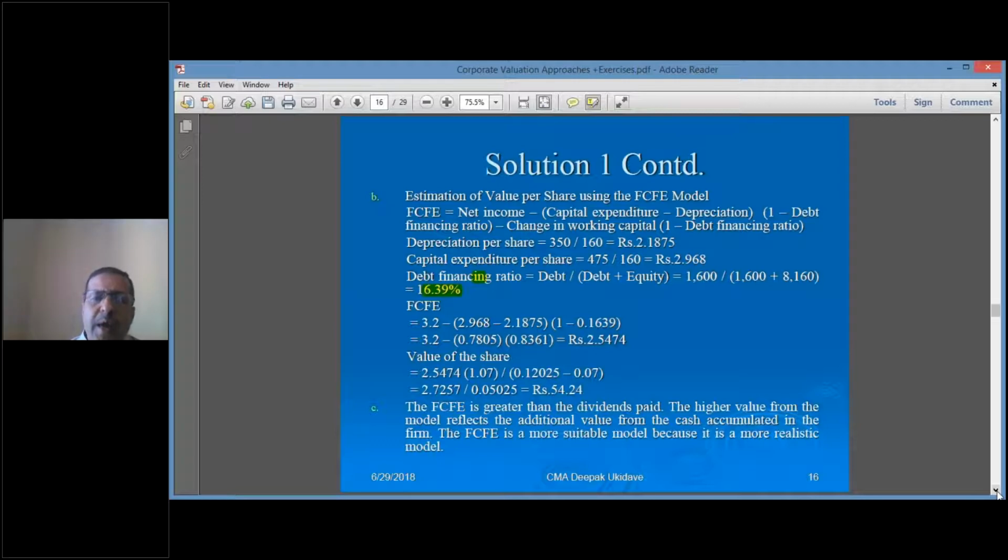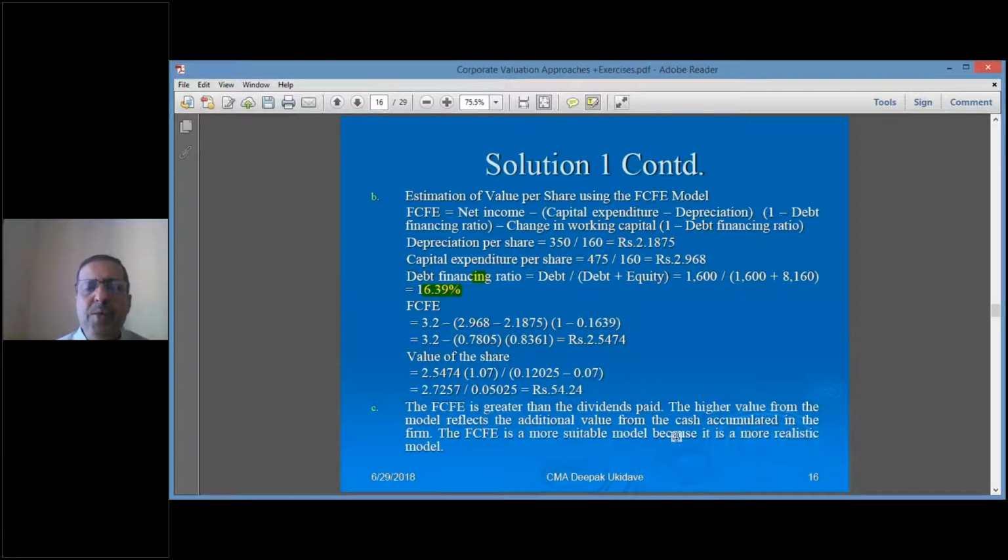So using FCFE we get a higher value of the share, and FCFE is greater than dividend paid. Look at the comment which I have given: higher value from the model reflects the additional value from cash accumulated in the firm.